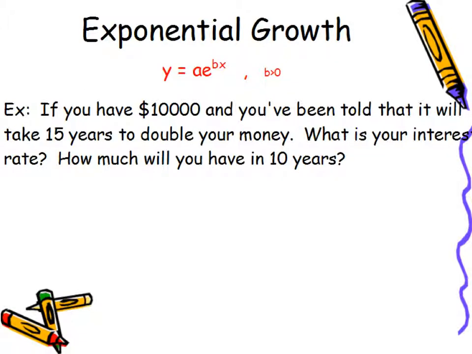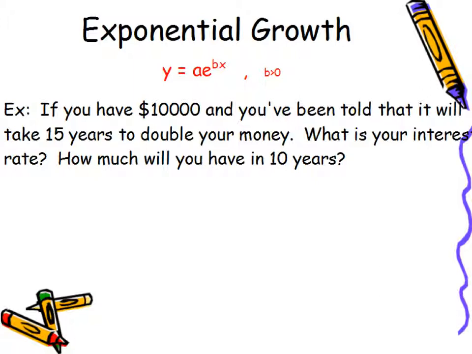Let's say you have $10,000 and you've been told that it will take 15 years to double your money. What's your interest rate and how much will you have in 10 years? This is actually two separate problems. So let's start with the interest rate question, and let's ignore the how much you will have in 10 years. Using just the information that we have, we're going to look for r, the interest rate.